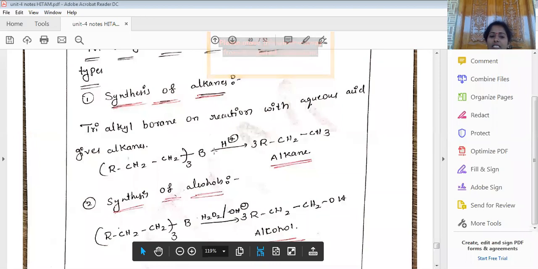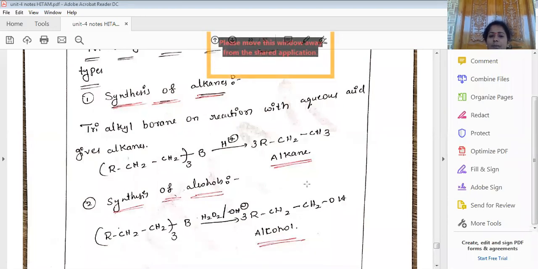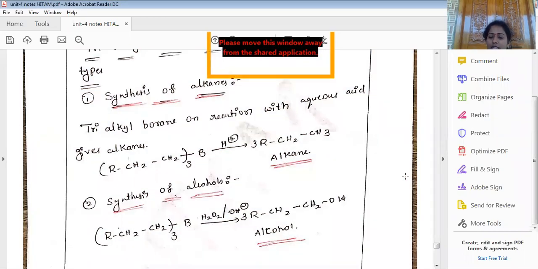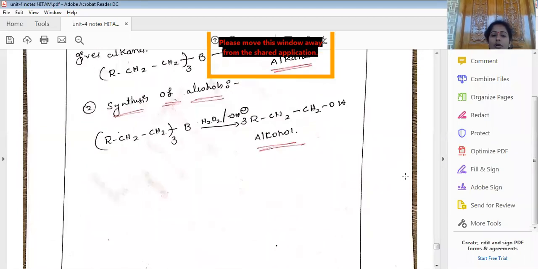We may add an acidic reagent or hydrogen peroxide to this trialkyl borane. So this is about the hydroboration process. It is the type of reduction where boranes can be added to carbon-carbon double bonded compounds.